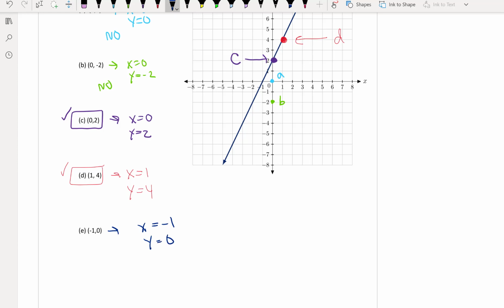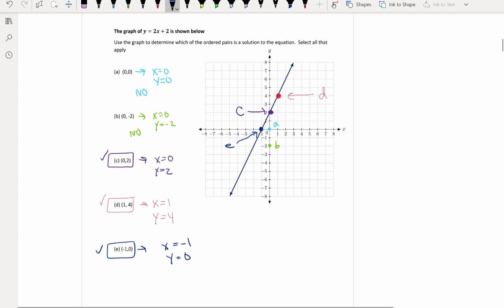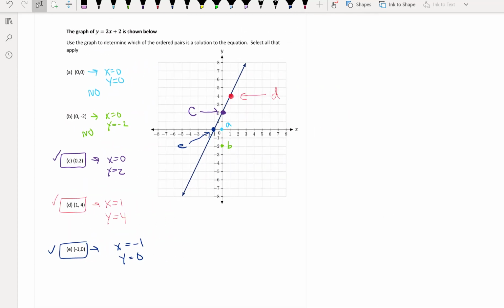So -1, 0 is here. That point is my point E. This is also going to get checked off. So when it says select all that apply, I'm selecting C, D, and E to be solutions to this equation, okay? That's because they lie directly on that line.